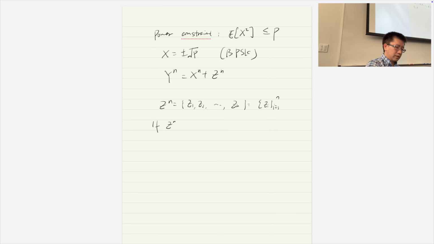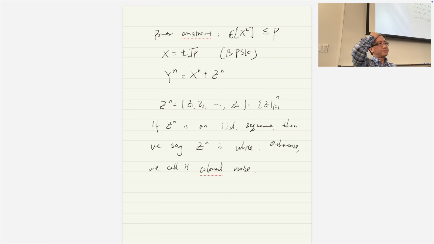If Z^n is an IID sequence, then we say Z^n is white. Otherwise, we call it colored noise. So basically, if Z are IID distributed, then it is white.